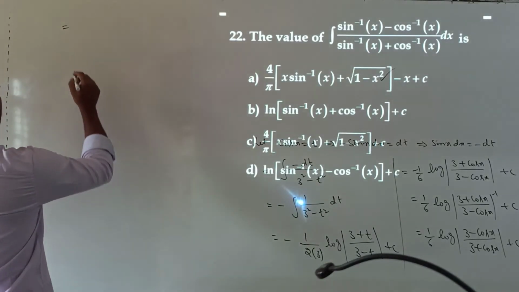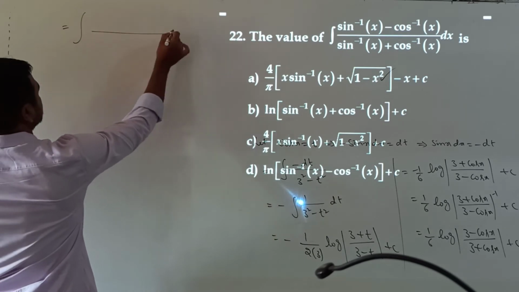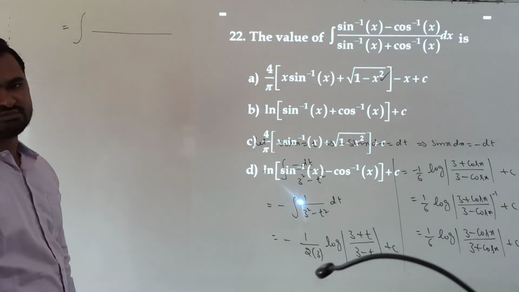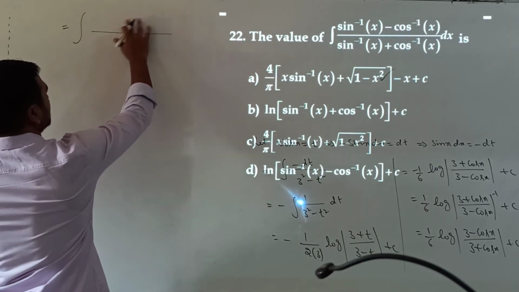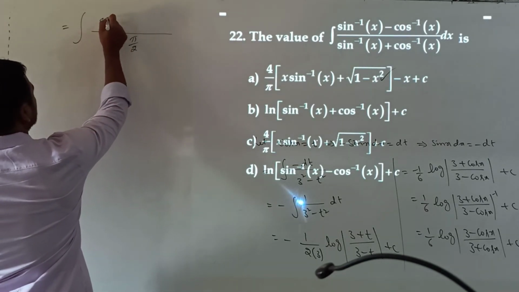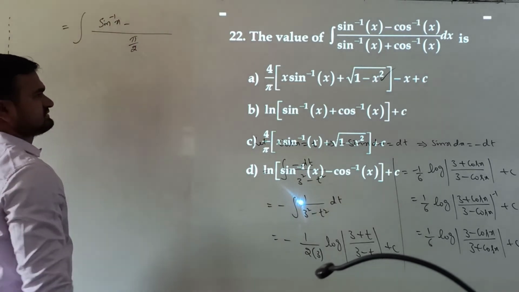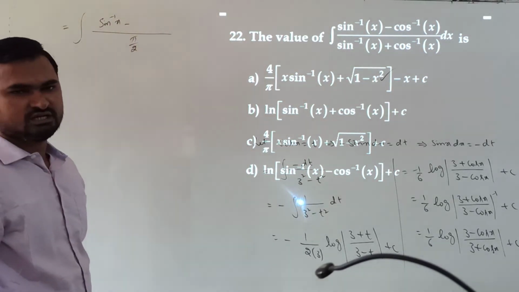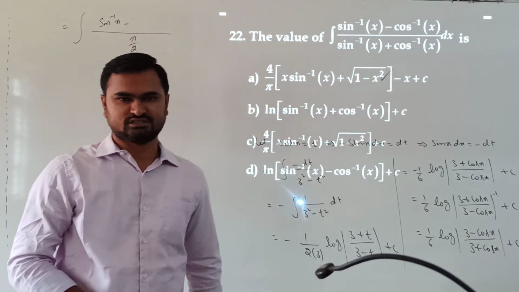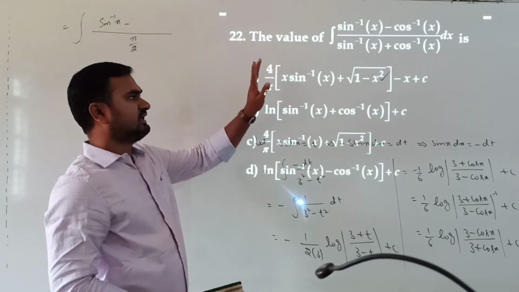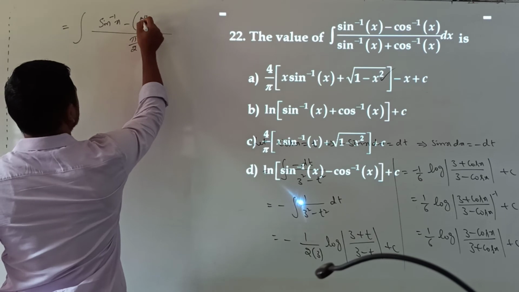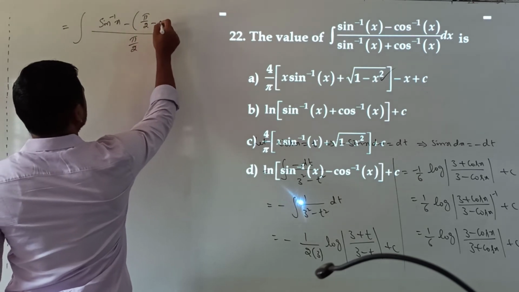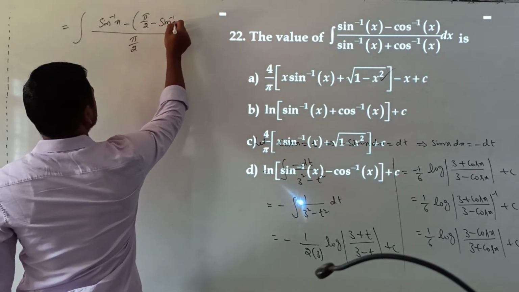Observe the denominator: sin inverse x plus cos inverse x is always pi by 2. For the numerator sin inverse x minus cos inverse x, let us convert this in terms of only one function. I will convert this in terms of only sin inverse, so we get cos inverse as pi by 2 minus sin inverse x.